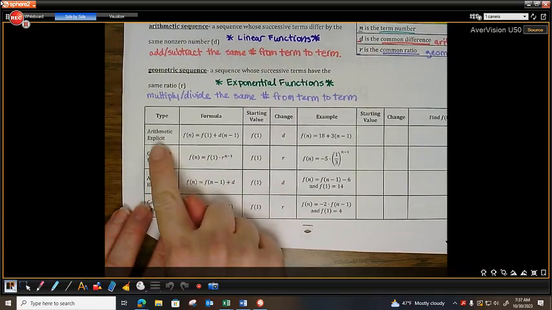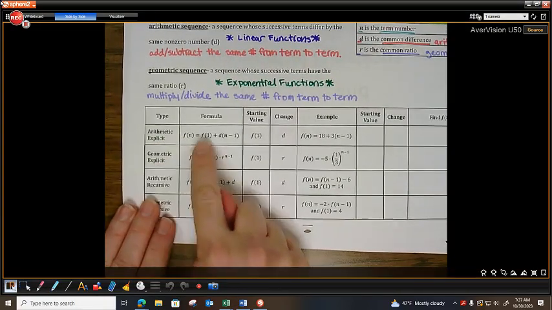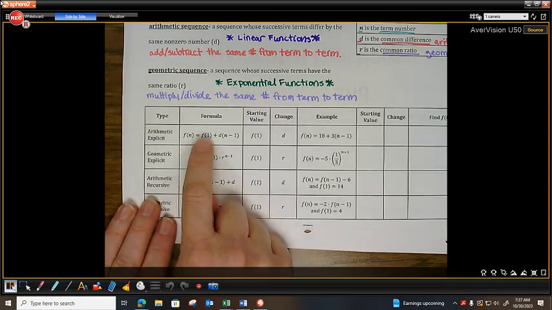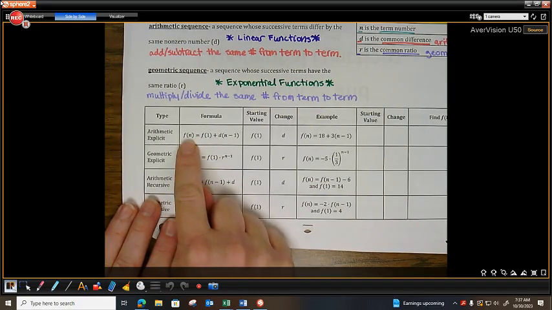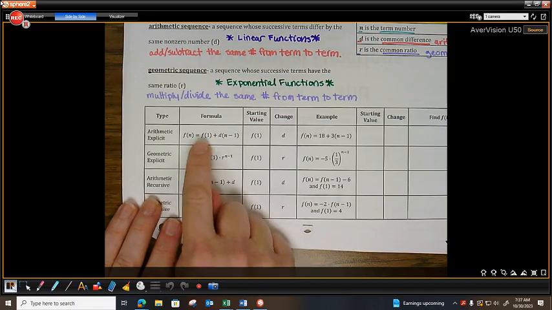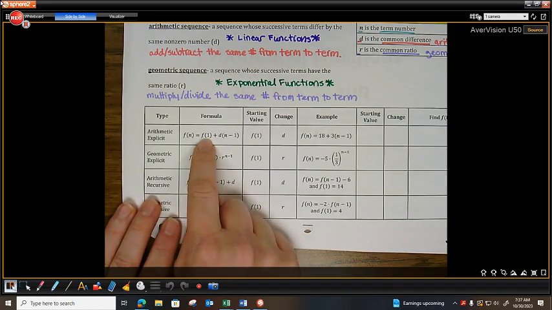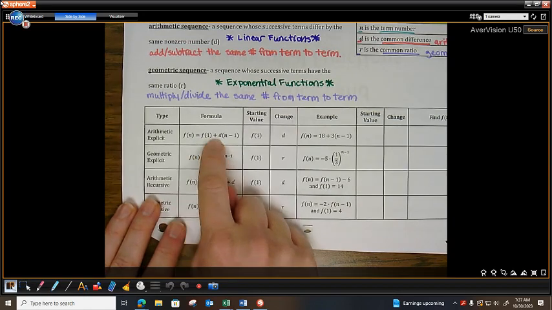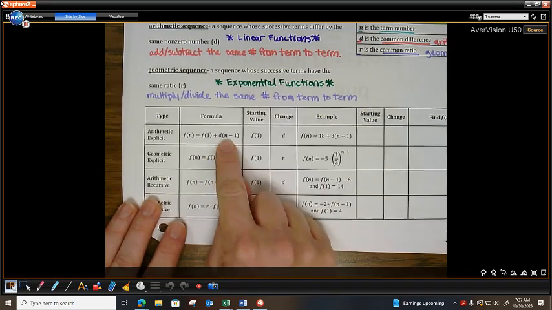Okay, so your explicit arithmetic formula is f of n equals, and remember f of n is just a fancy y, equals f of 1. What's f of 1 mean? The first term's value, plus d. What's d mean? The common difference, so what you're adding or subtracting each time, times n. What's n?